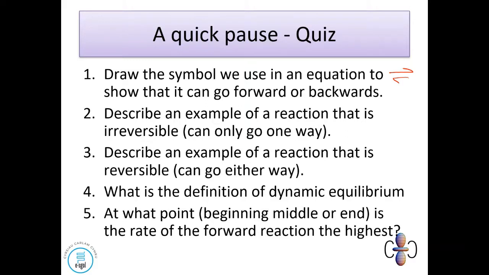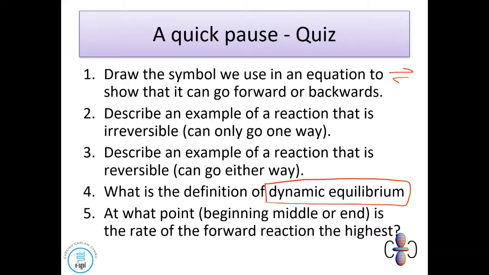And as I said earlier, it is really important that you have this definition of dynamic equilibrium. It is a case of having a clear-cut definition you're happy with and then being able to regurgitate it to an examiner if asked to do so.